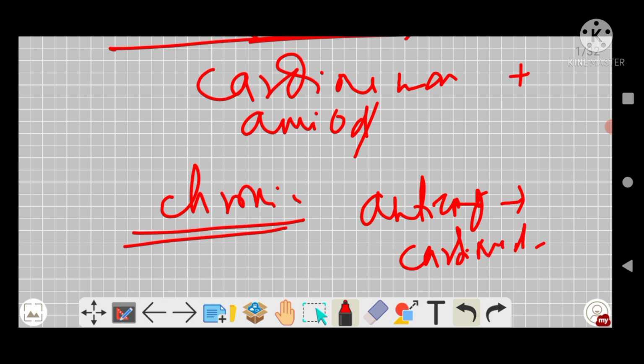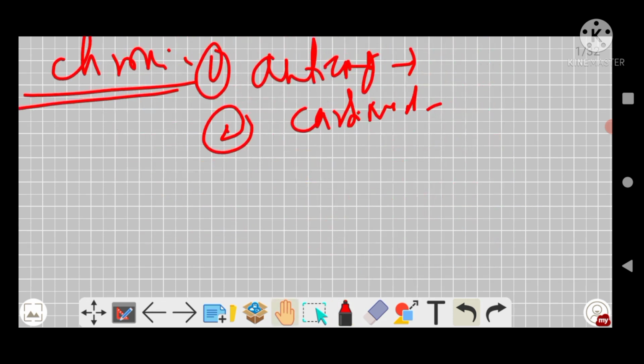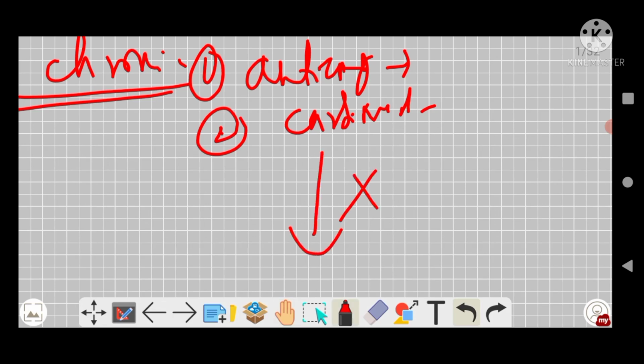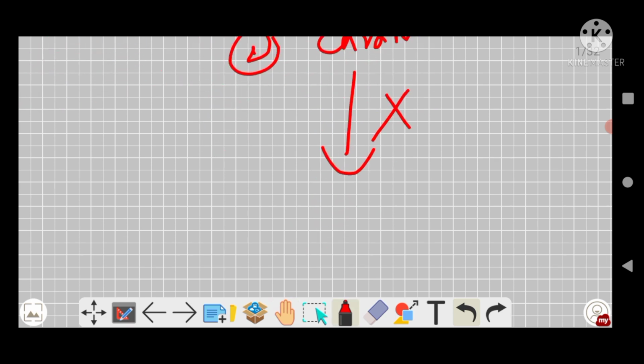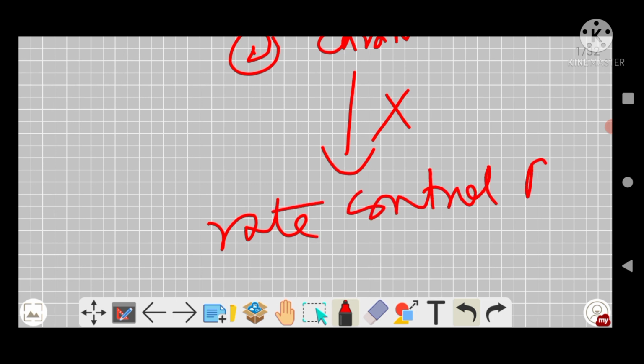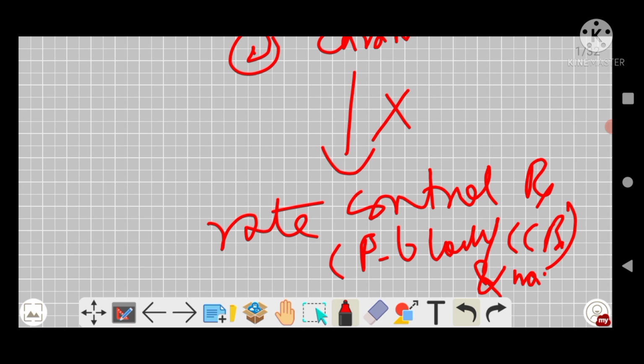First anticoagulate, then cardiovert. If this approach fails or atrial fibrillation recurs, leave the patient on rate control medications, which are beta blockers or calcium channel blockers, and warfarin.